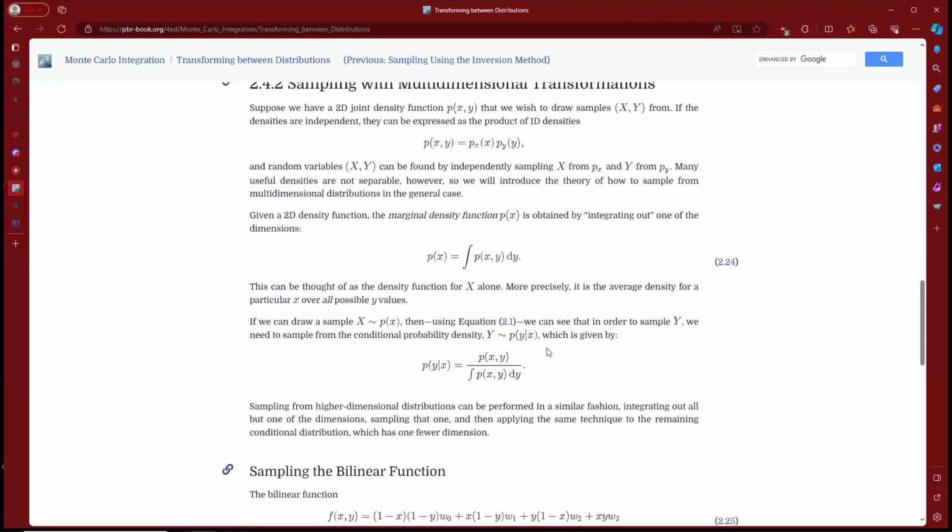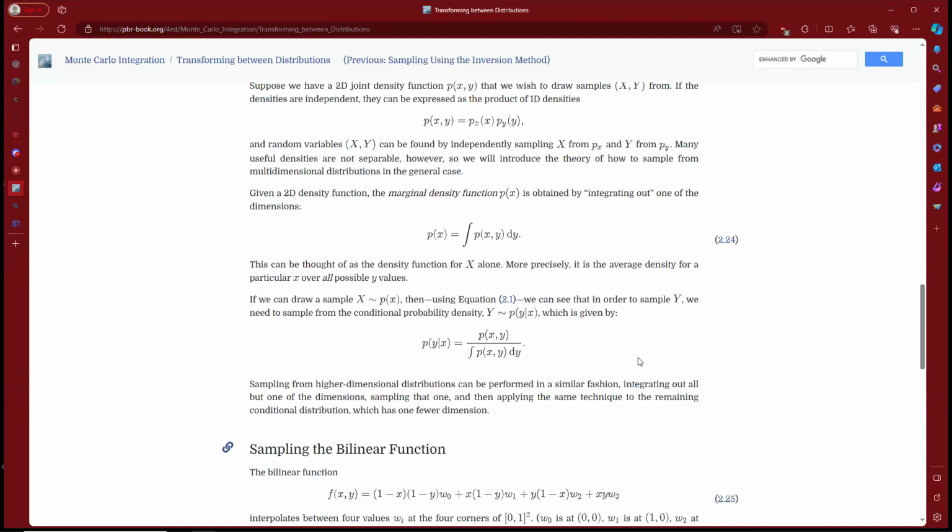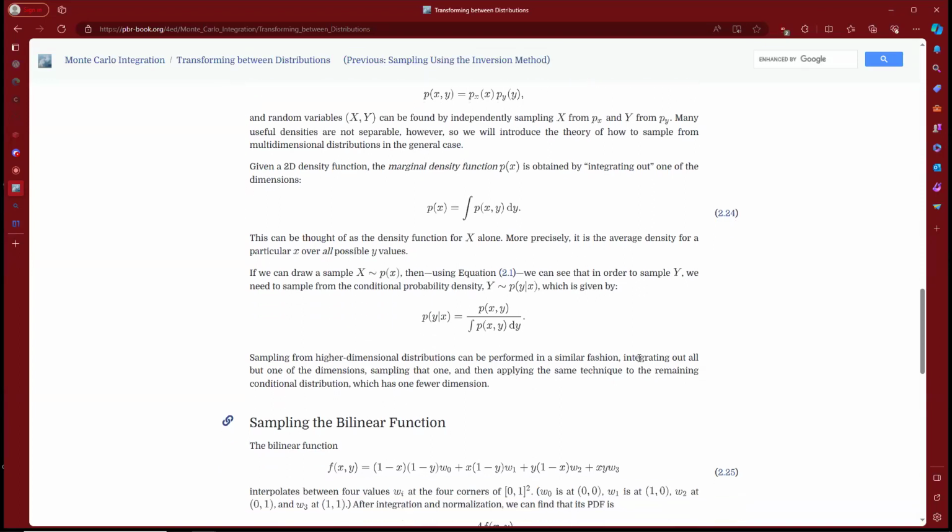If we can draw a sample x from p of x, then using equation 2.1, we can see that in order to sample y, we need to sample from the conditional probability density, y from p of y given x. I'm not sure what... conditional probability. Oh, okay, sure. So it's y if we know x.